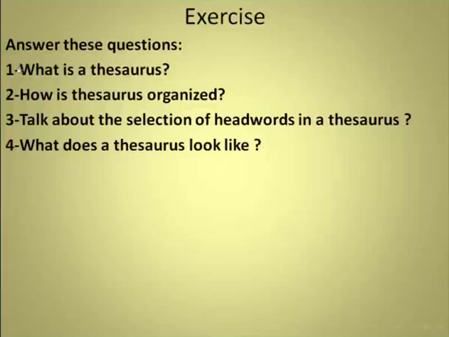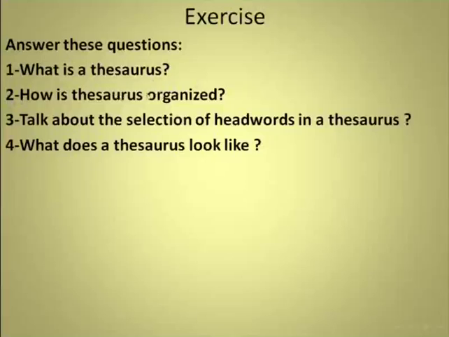Question 1. What is a thesaurus? Try to read back since the first page for this lecture. Try to check all the pages. You will find an explanation or a definition of what a thesaurus is, and then write the question and the answer together on a separate paper. You write it and you keep it with you.